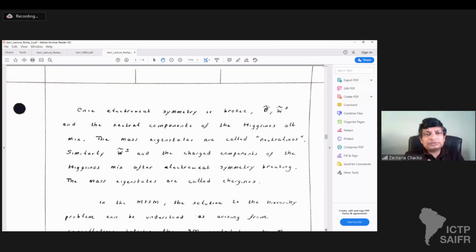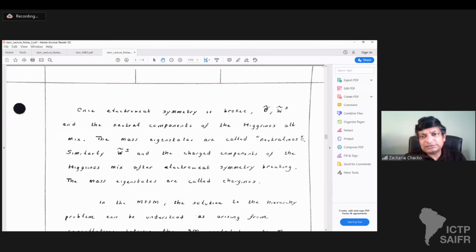All right. So once electroweak symmetry is broken, the bino and the third component of the wino, W3, and the neutral components of the Higgsinos all mix with each other. They are all fermions, and they all start mixing with each other once you break electroweak symmetry.